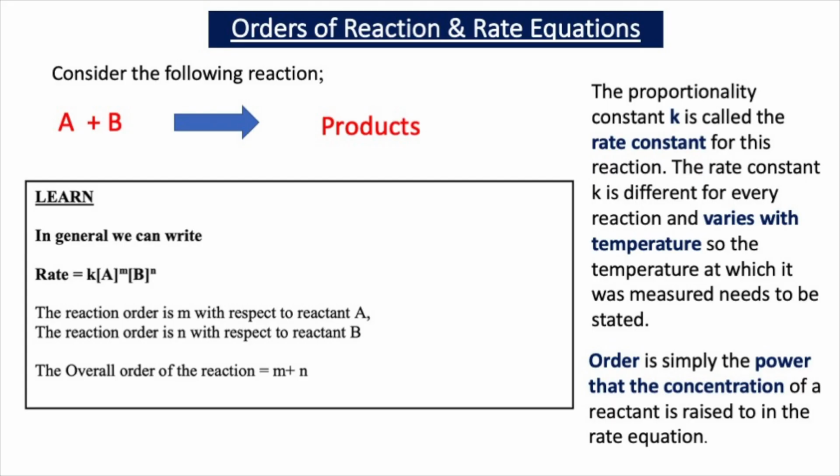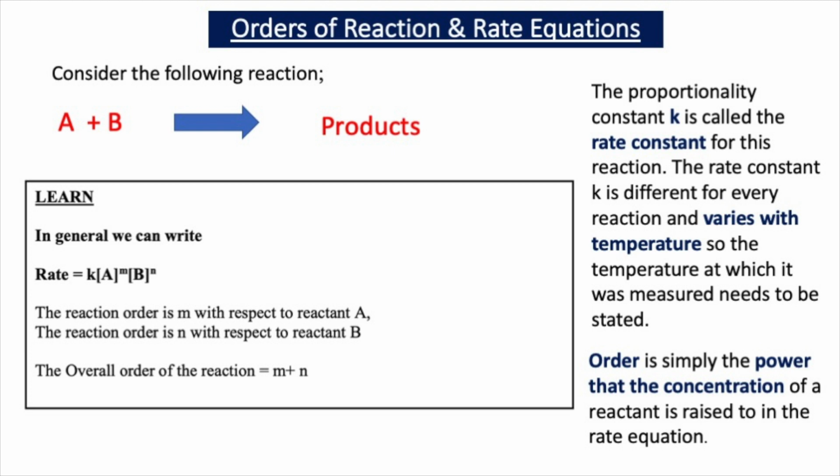Now, in our previous video lesson, we discussed the concept of a rate equation, and we said that a rate equation shows the mathematical relationship between the concentration of reactants and the reaction rate. So the order of a reaction tells us the exact dependence of rate on concentration, and this slide shows the rate equation.